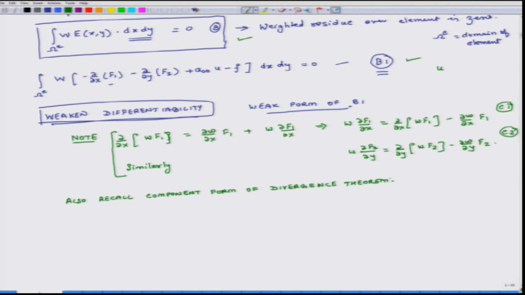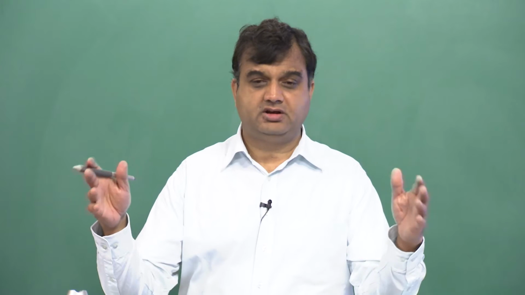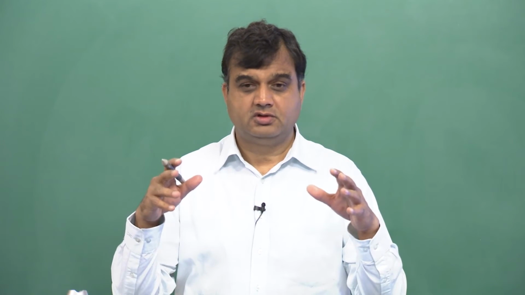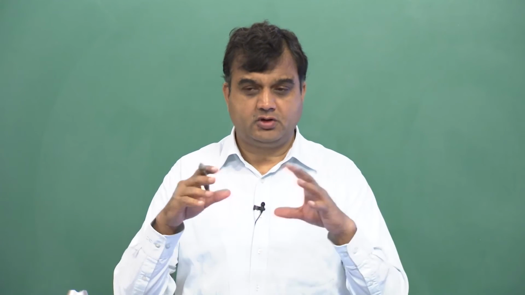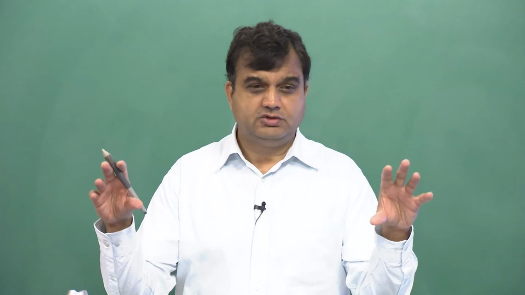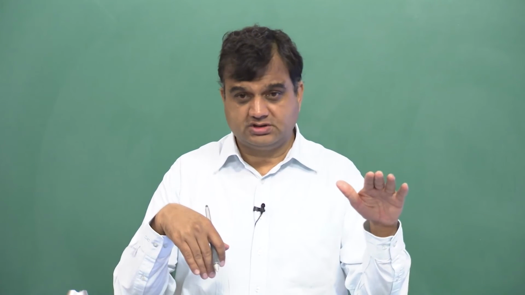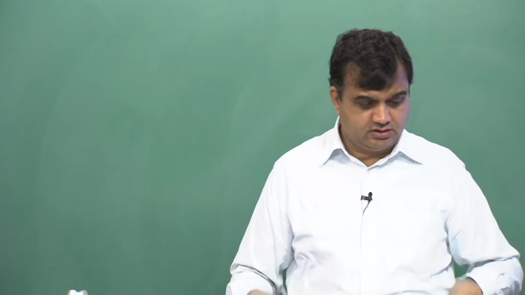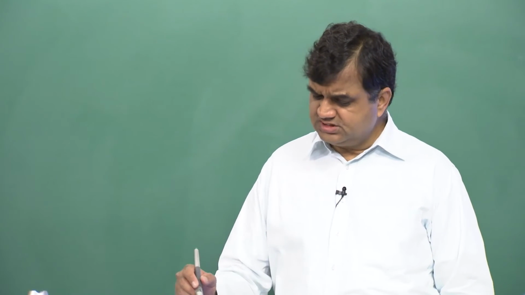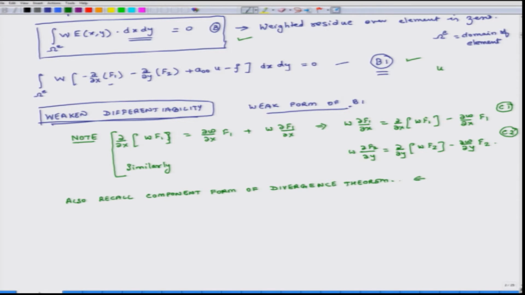Some people also call it the gradient theorem, and the same theorem can be expressed in a vector form or in a scalar form. A scalar form is known as the component form because there we take individual components and write them as separate equations. In vector form we assemble them into one single equation. This component form of the divergence theorem we had developed in FEA Part 1. If you do not remember, kindly go back and check some of our old lectures and you will see all the details. Here I will directly write that result.